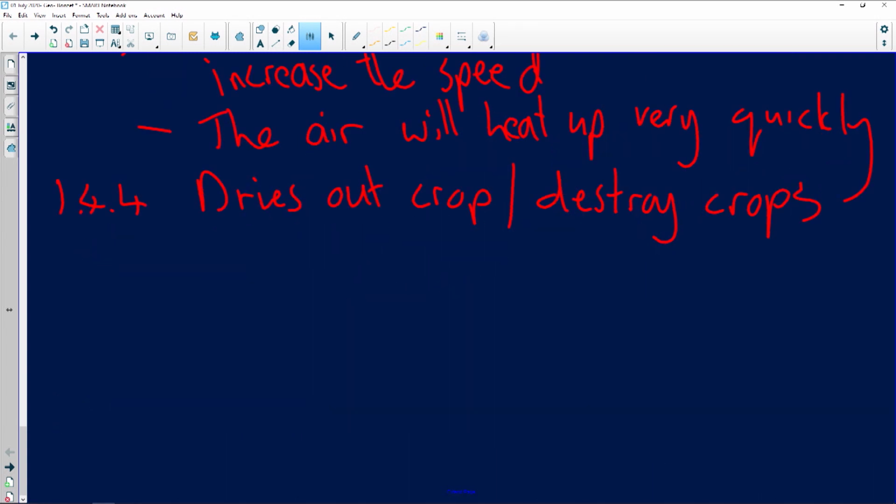Okay, what else can we write? We can also mention the possibility for veld fires. Those fires can spread quickly.